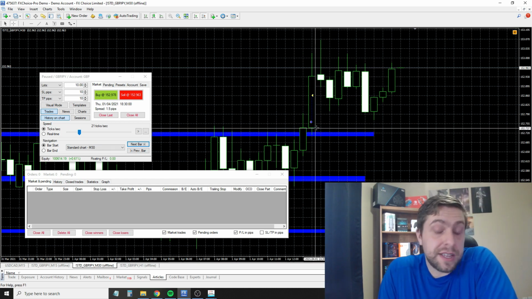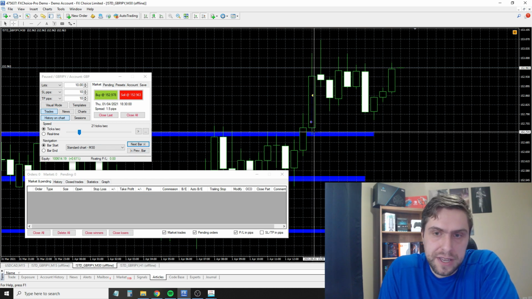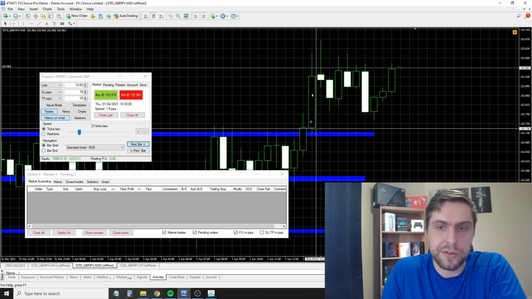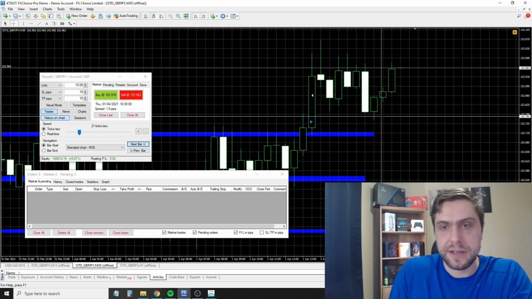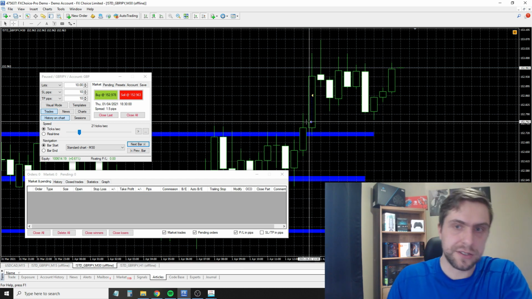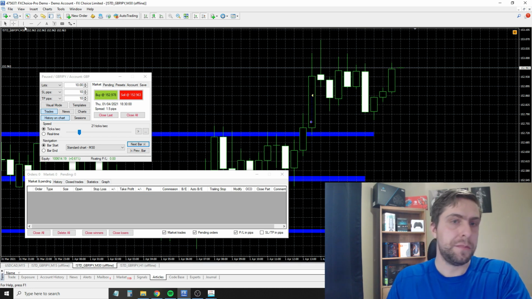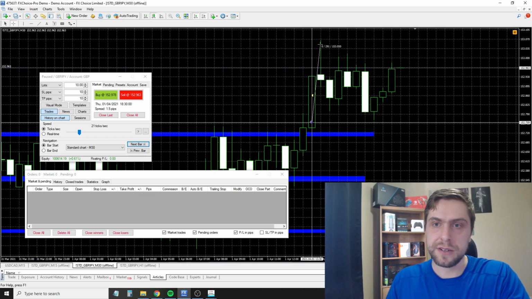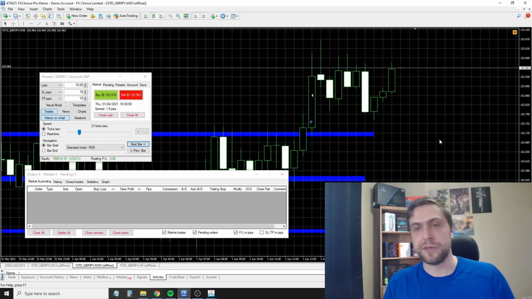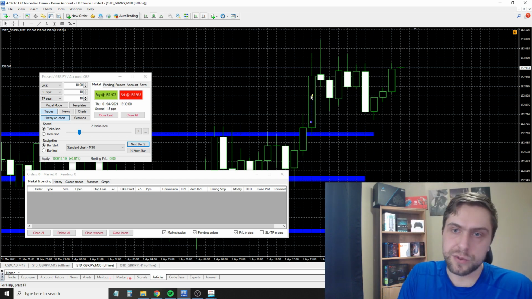But again, something that I could have done better would have been taking an entry a bit closer to the level here after this close, because then I would have been a bit less in the drawdown and a bit faster to my take profit. But the total possibility would have been close to 25-30 pips depending on the entry. So this ended up being pretty good.